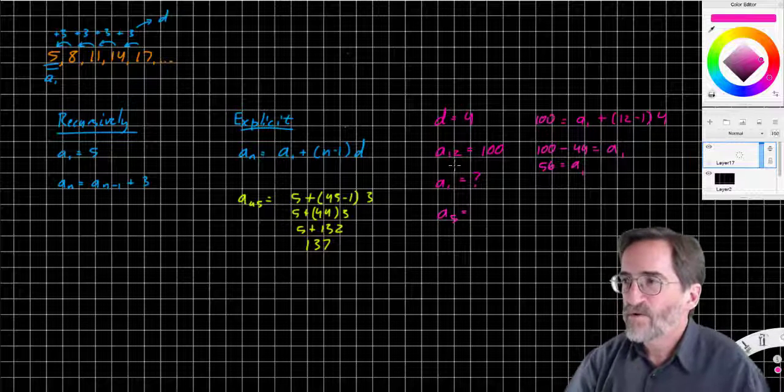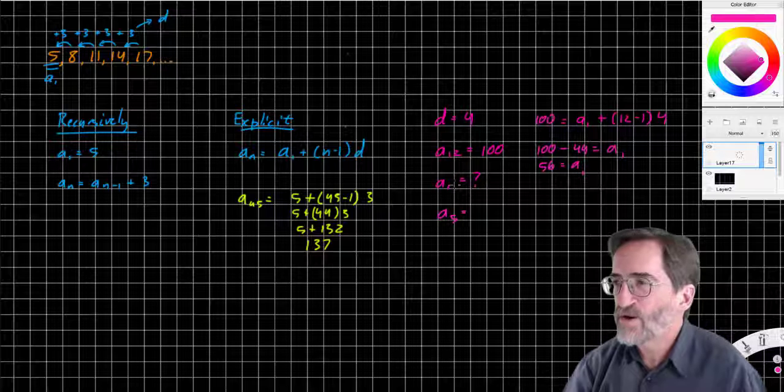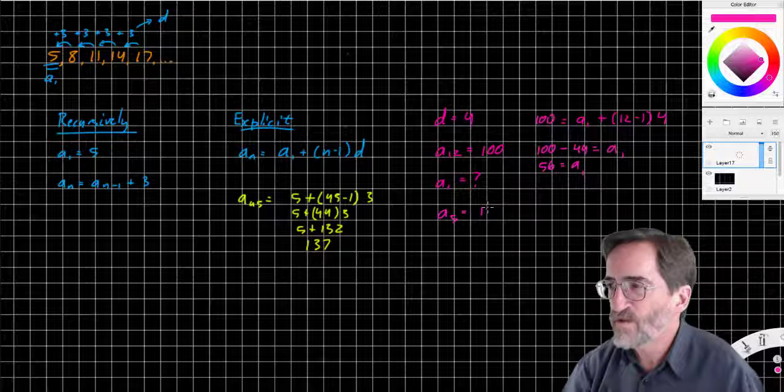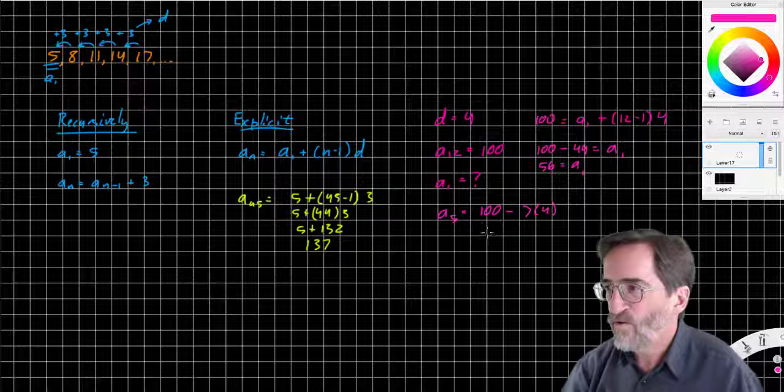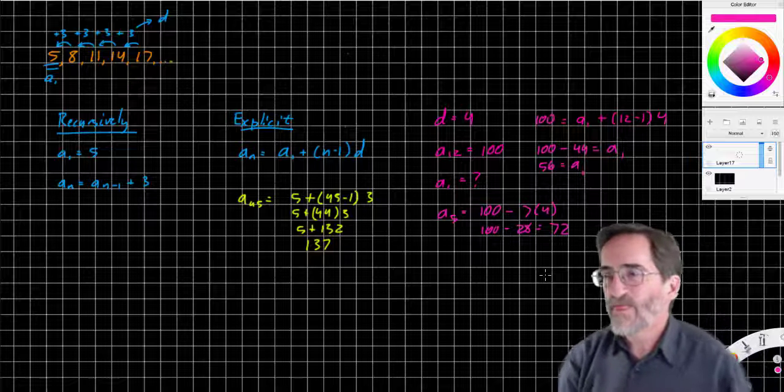Well, the difference between 12 and 5 is 7, and so I know I'm going to be subtracting 7 fours. So 100 minus 7 times 4, which is 28, is 72. So you can think it through that way as well, using the common difference.